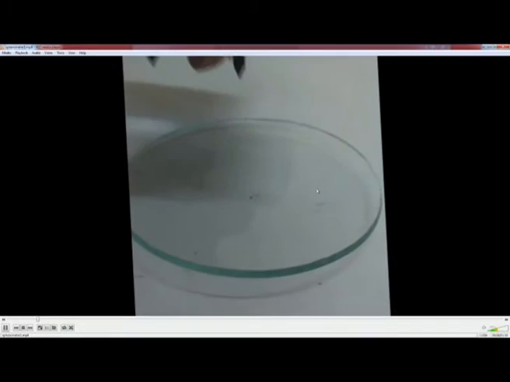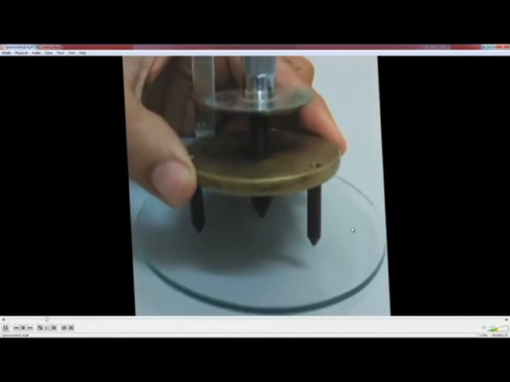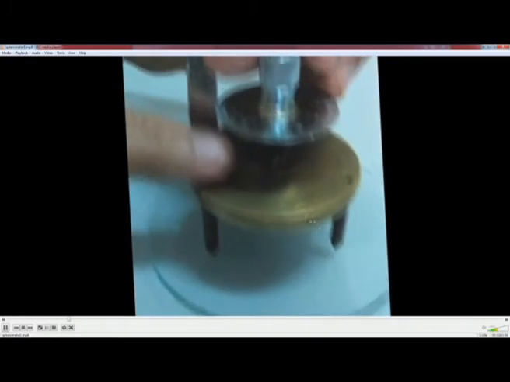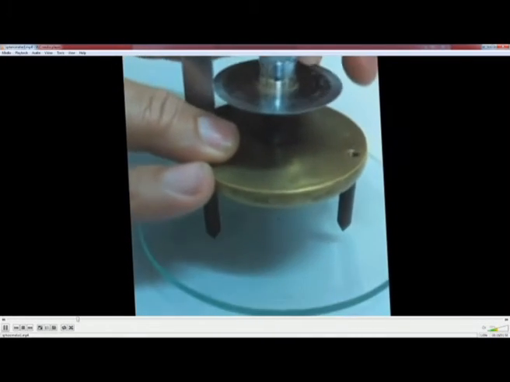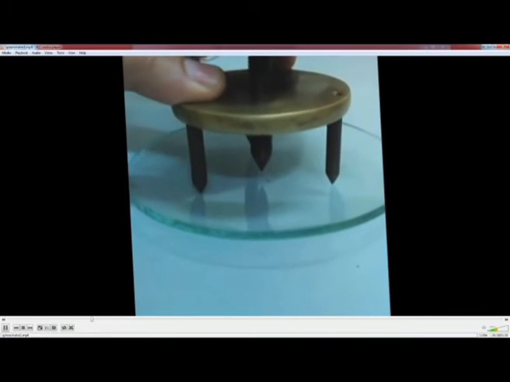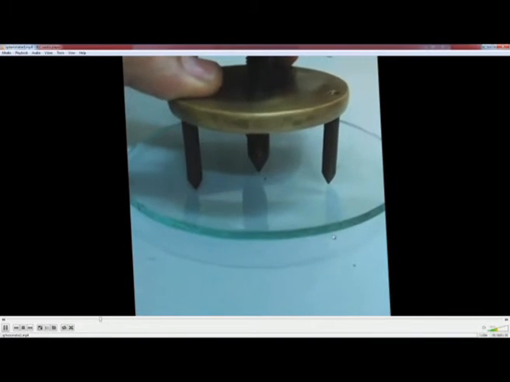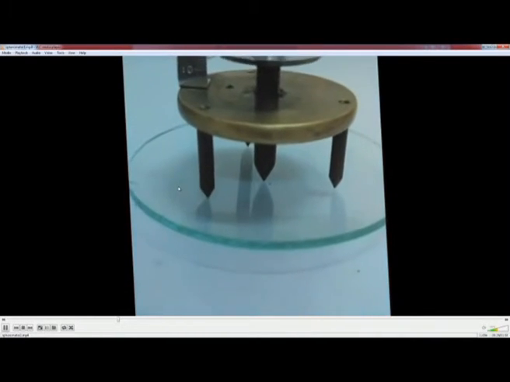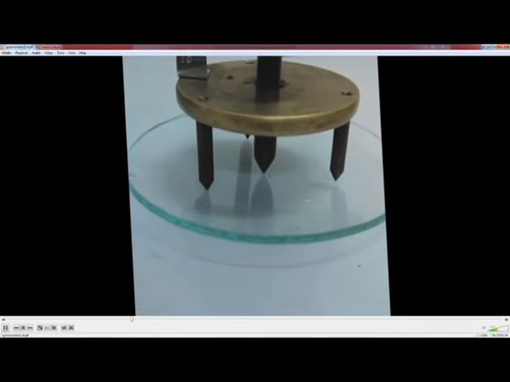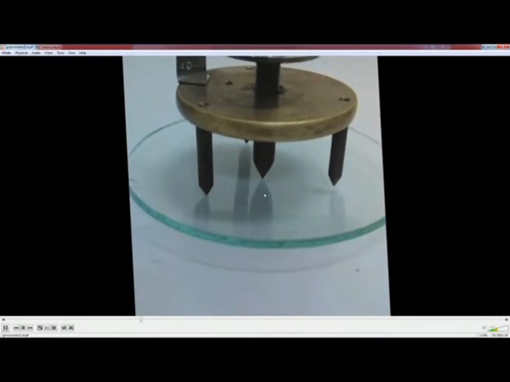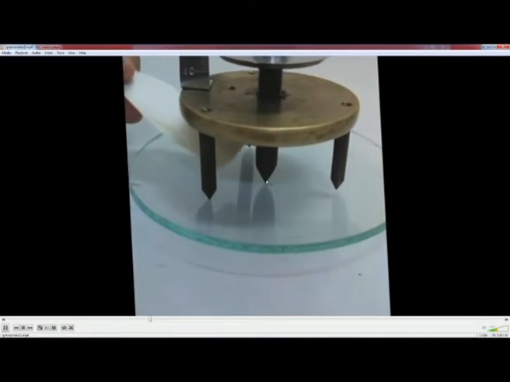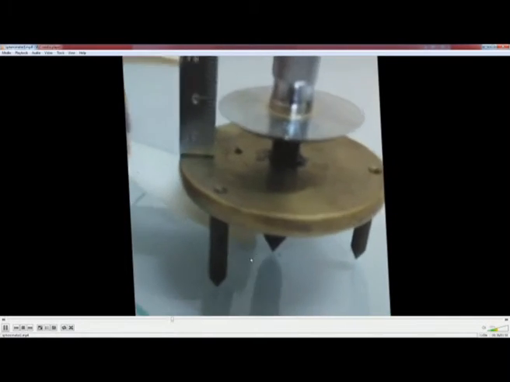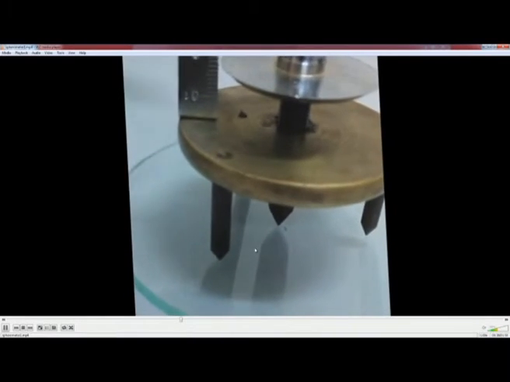You can see we have a lens. The spherometer is placed on the lens whose radius of curvature is to be determined. Now, we are measuring the concave portion of the lens. You can see the screw end is in contact with the lens.